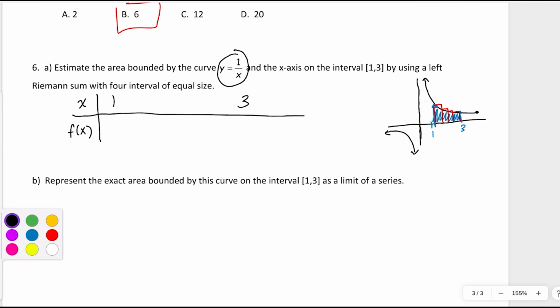There's a total length here from 1 to 3 of 2, and if we divide that into 4 intervals, each interval is going to be a half. So it's going to be 1.5, 2, 2.5, and then finally 3. We're just going to evaluate the function at each of those x values. If I plug in 1, I get 1 over 1, which is 1.